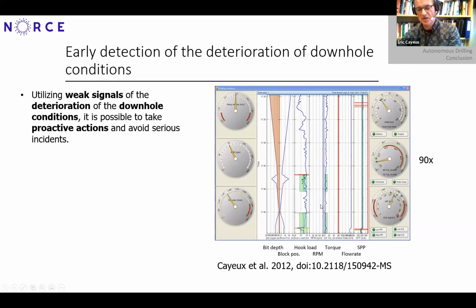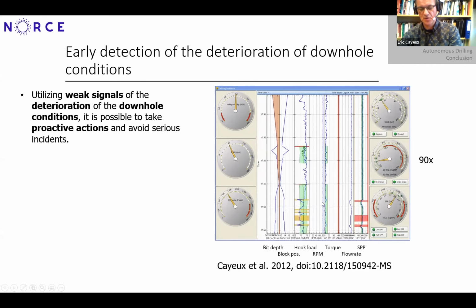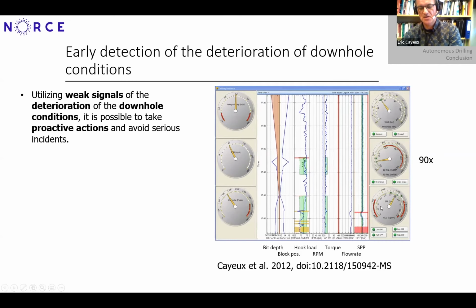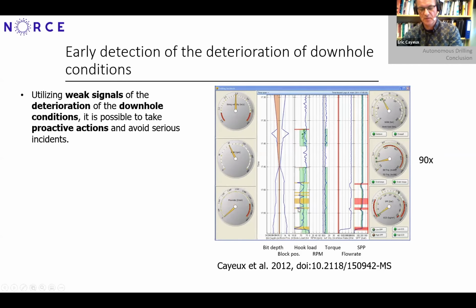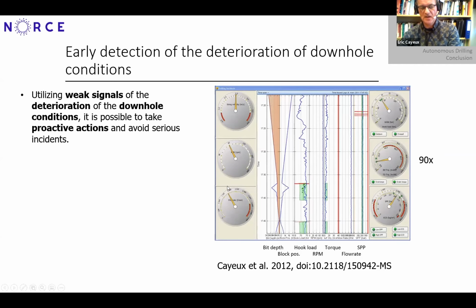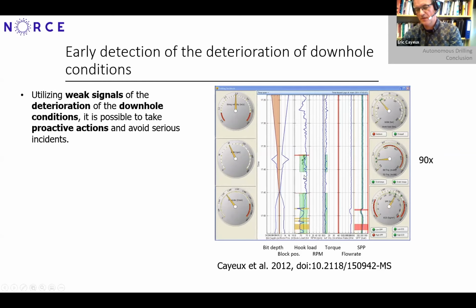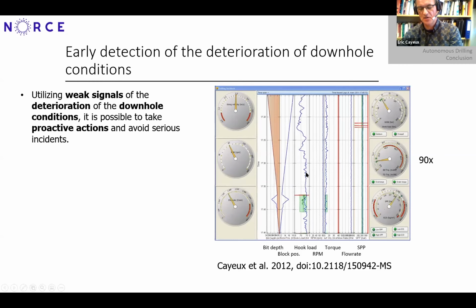The drilling team could not see that there was poor cuttings transport and continued to run the operation, and then they came into this extremely large pack-off and the necessity to cure the problem, which took about 24 hours. But looking at those weak signals that I mentioned earlier, I was really capable of showing that there was poor cuttings transport, and they could have taken action almost 6 hours earlier.